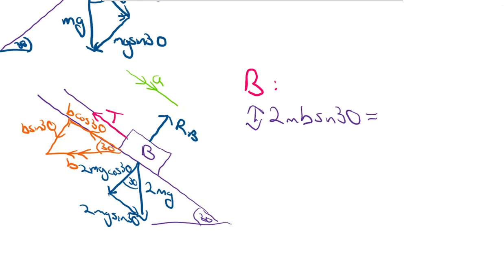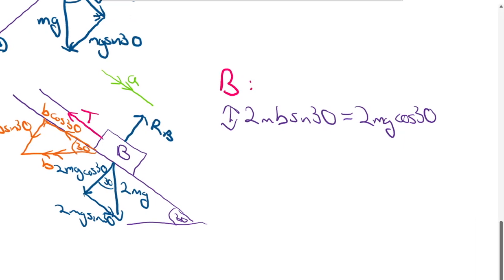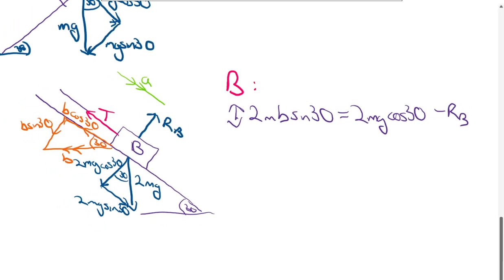So 2mg cos 30 minus RB. And again, sine 30 is a half. So that's 2mb over 2. And this is 2mg cos 30 is root 3 over 2.